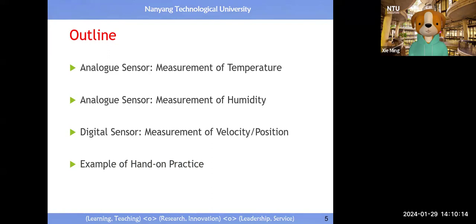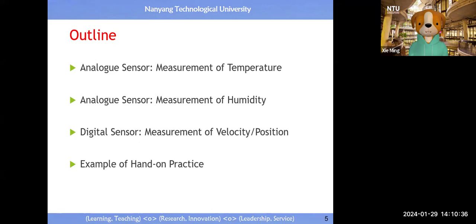Because once we construct an IoT, we need to monitor the temperature distribution and humidity distribution in the city, for example, right? So these are the two very important sensors for you to know the working principle, etc.